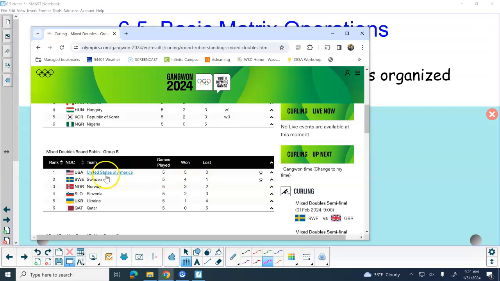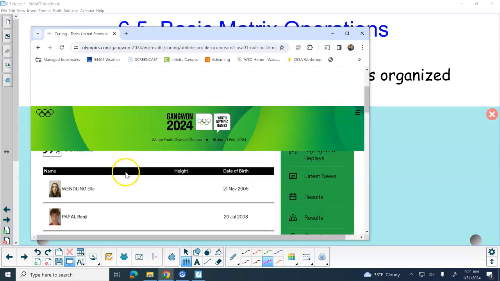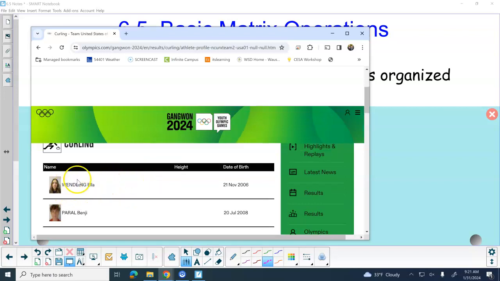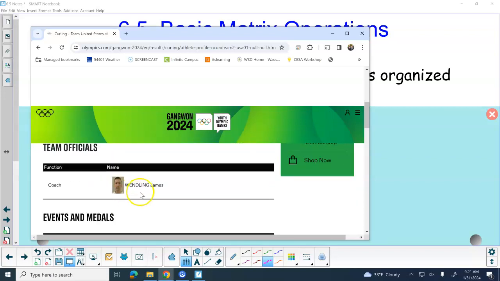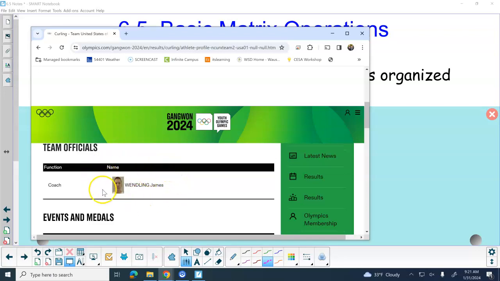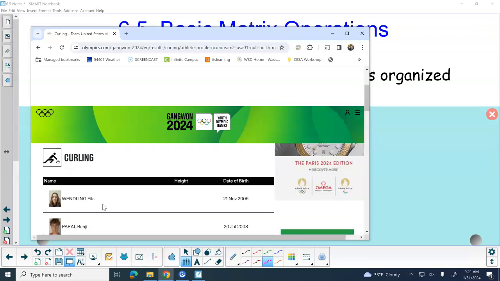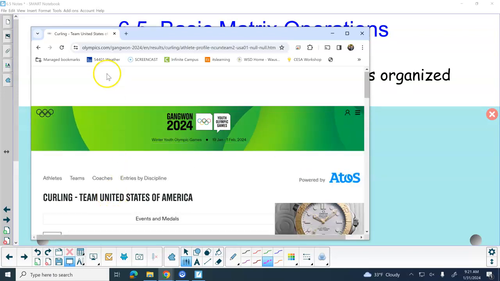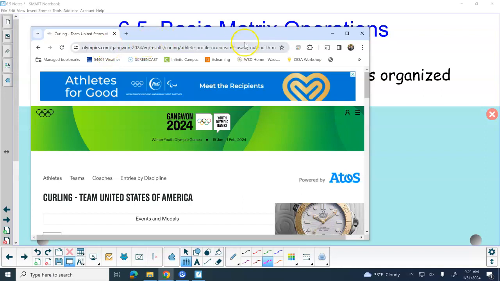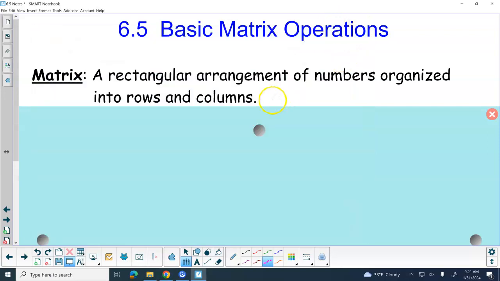Now I say this because old Team USA right here is composed of Wausau West's own Ella Wendling and is coached by Wausau West math teacher, Mr. Wendling. And they are in the semifinals right now of the Winter Youth Olympic Games. And so that's one real world documentation for the use of a matrix.